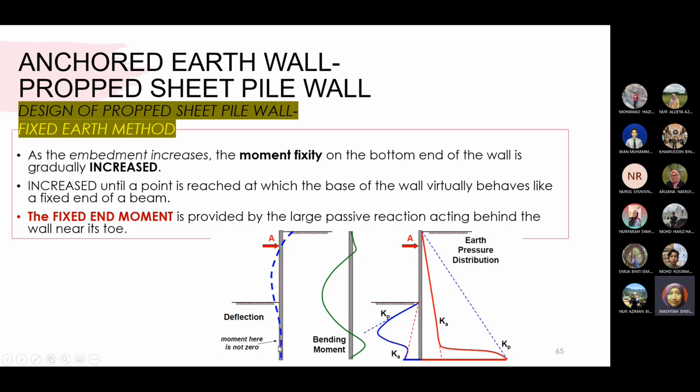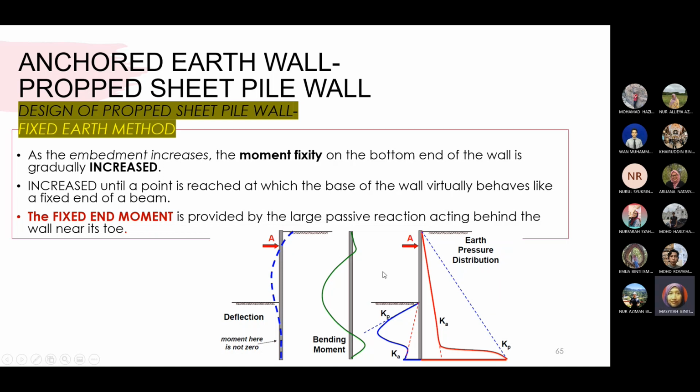So kat sini dia akan ada nilai moment yang restrain kepada berlakunya any rotations. So moment here is not 0. So you kena tahulah berapa nilai moment yang provide to these kinds of deflections due to the anchor reinforcement. So the fixed end moment is provided by the large passive reactions acting behind the wall near its toe.